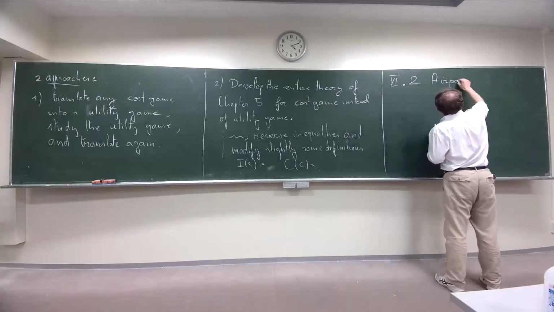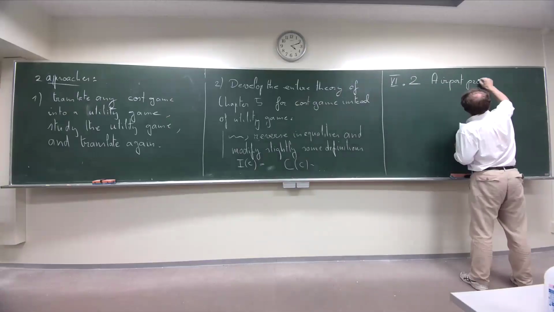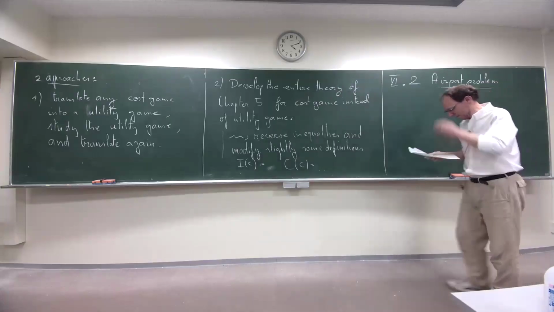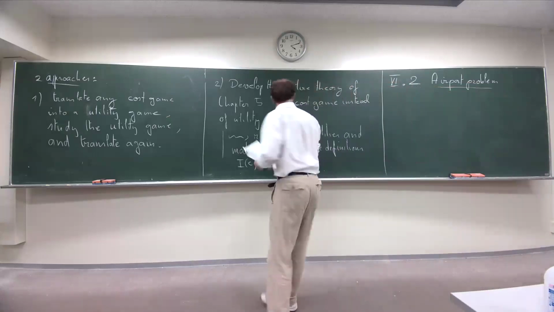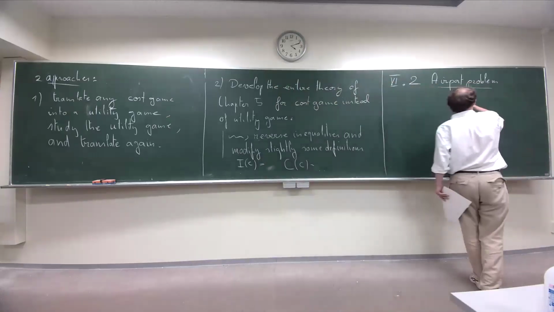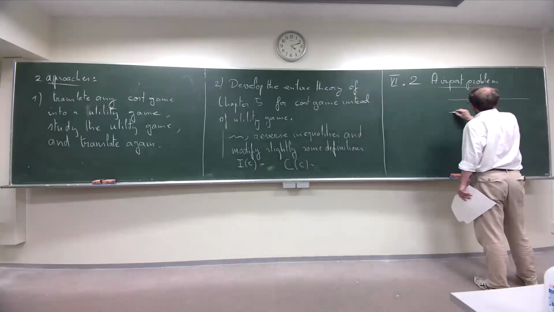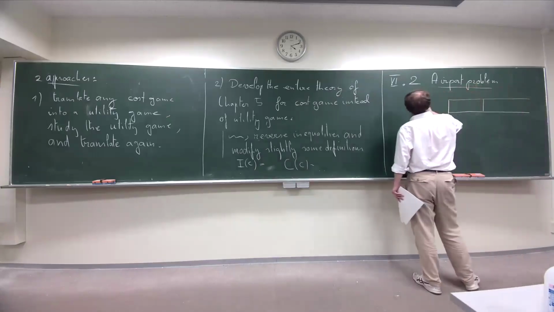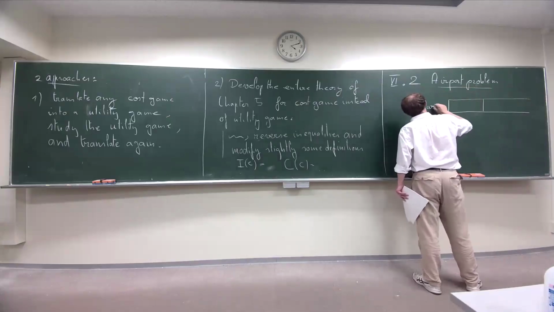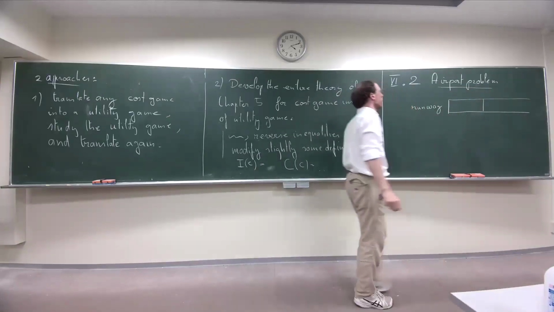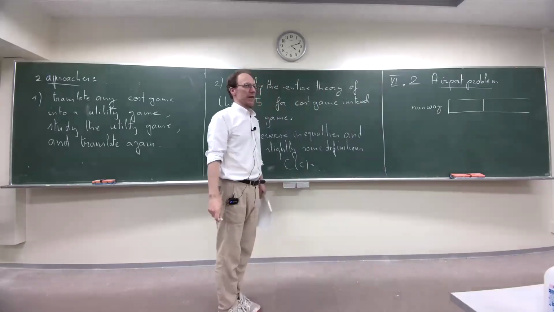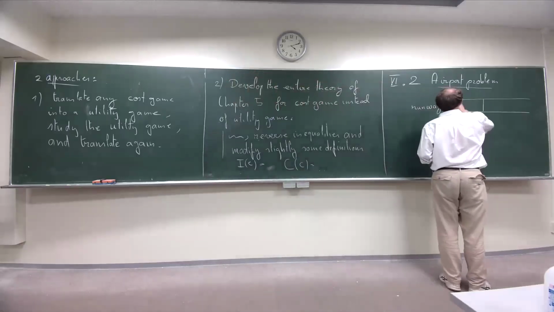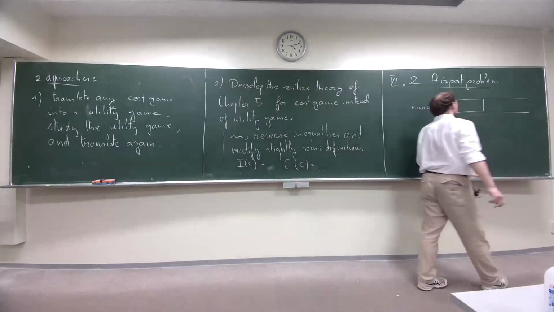Airport problem. Airport game. So this is a very practical problem. This is a runway where airplanes are going to depart or to land, to take off or to land.